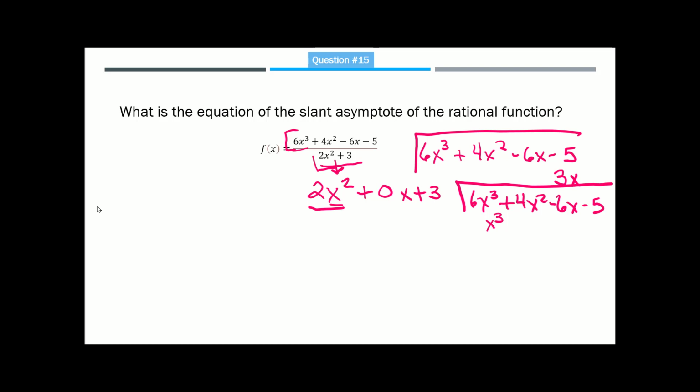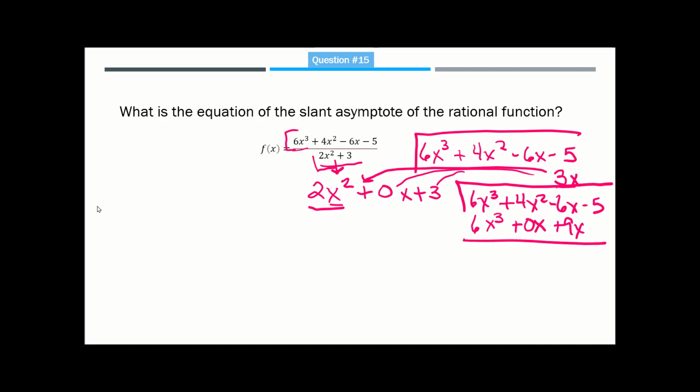So 3 times 2 is 6. x times x squared is x to the 3rd. All right, take that 3x and multiply it to 0x, and you get 0x. Take that 3x and multiply it to 3. We're taking that and multiplying it to each of these terms, and we get 9x.